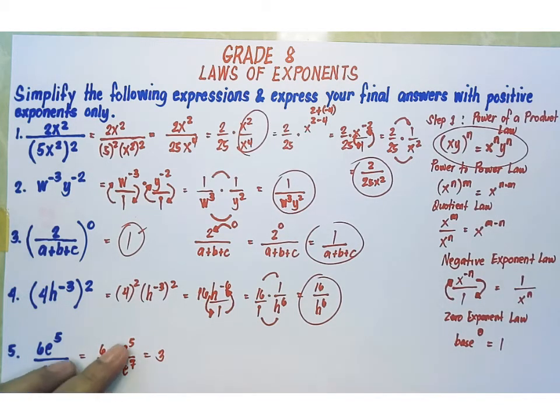Ito ay quotient law. Ano yung quotient law? And when do we use the quotient law? We use the quotient law when we are dividing two exponential terms with the same base. So, we have the same base. It's e.